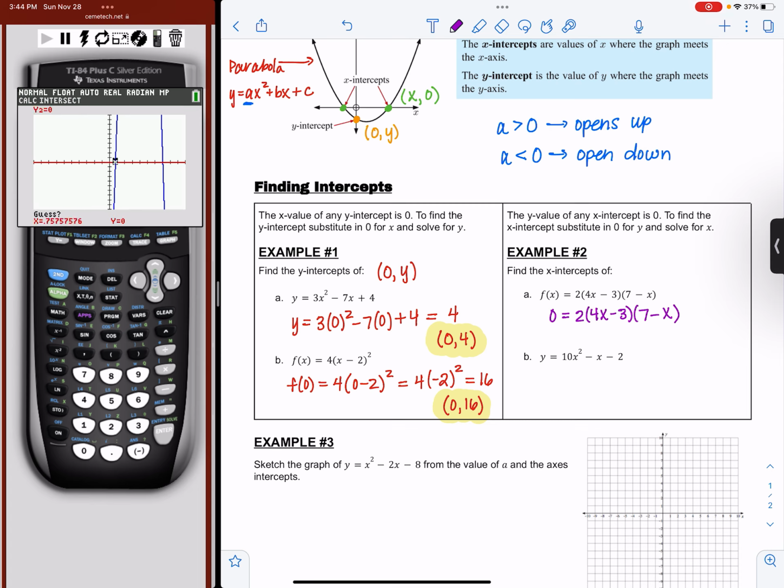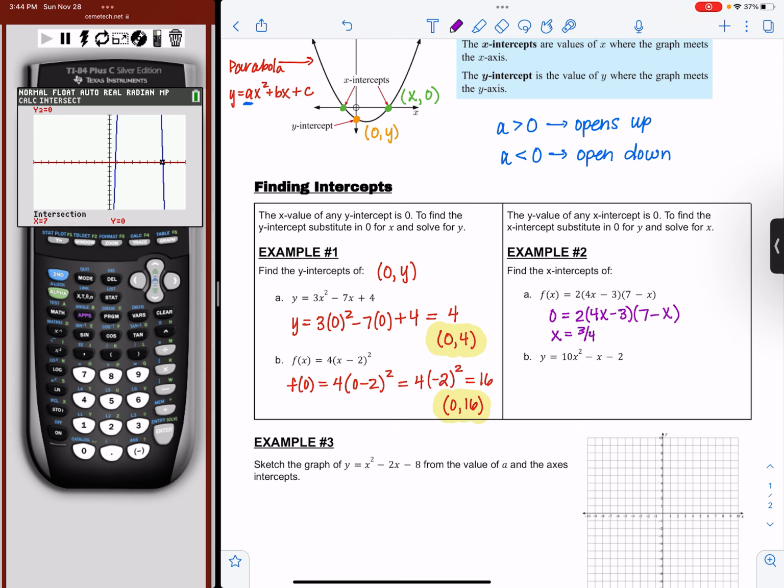Then I'm going to press enter 3 times. So here I have an x-intercept at 3/4. I repeat the process, getting as close as possible, and this one is going to be at 7.